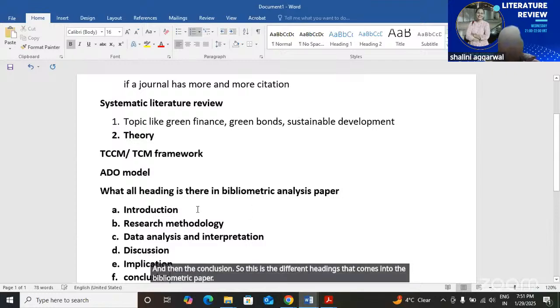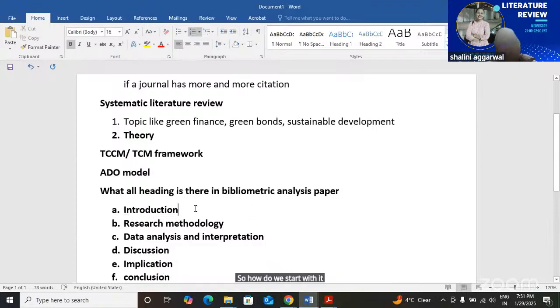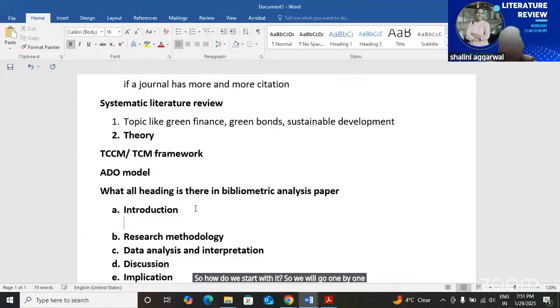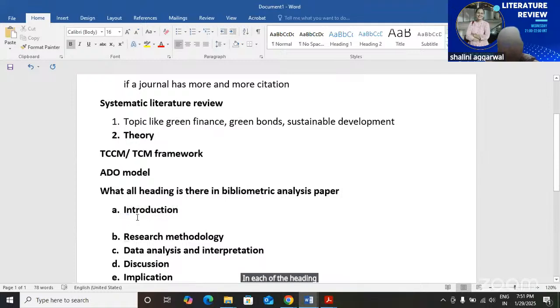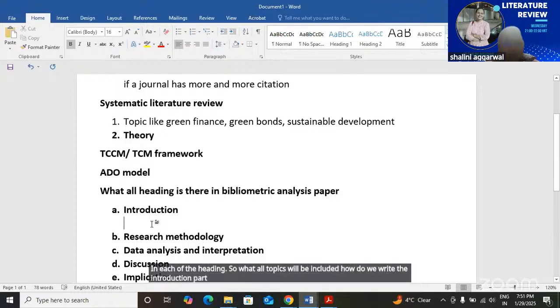So we will go one by one and see what is included in each heading: how do we write the introduction part, and all the parts of the bibliometric analysis paper, the research methodology section, data analysis, discussion, and everything.